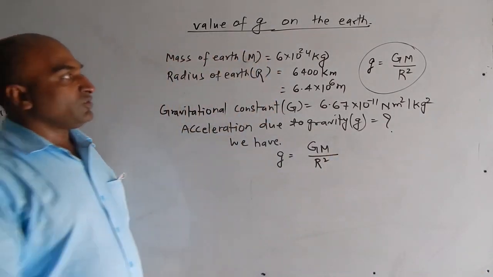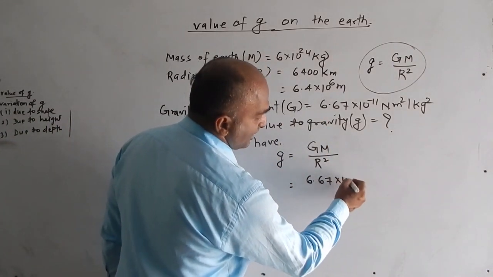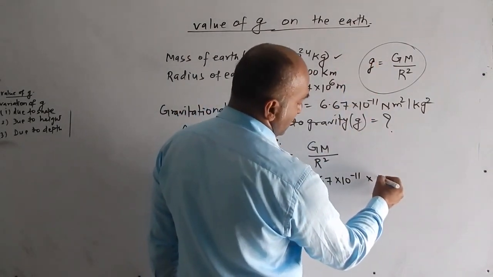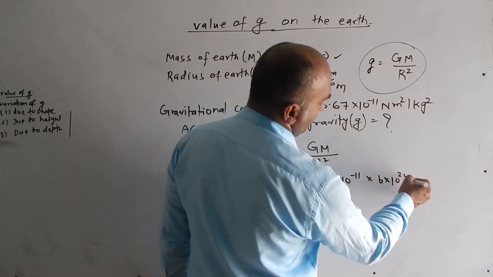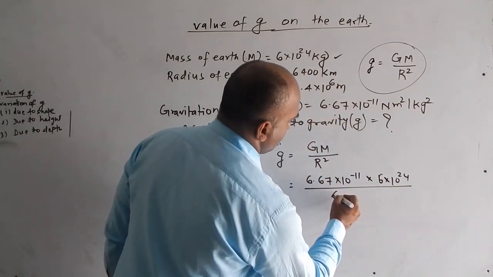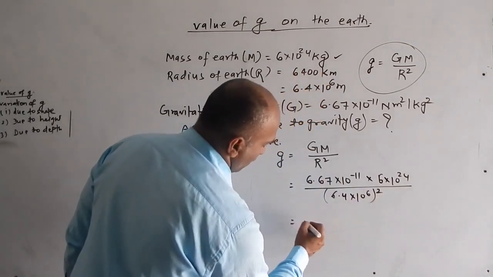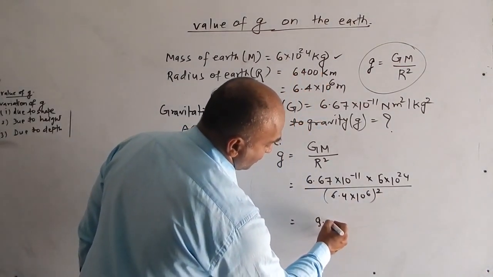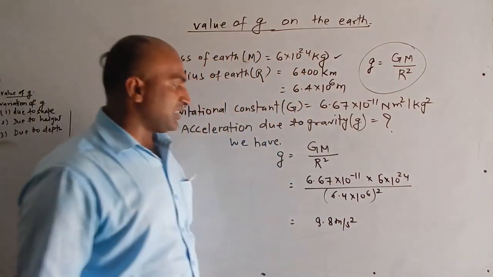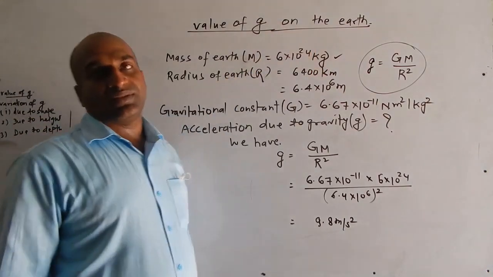Using the same formula, we put in the values of the given terms: 6.67 into 10 power minus 11, and M is the mass of the Earth, so we take 6 into 10 power 24, divided by 6.4 into 10 power 6, whole square. On calculation this gives 9.8 meter per square second. This is the value of acceleration due to gravity on the surface of the Earth.